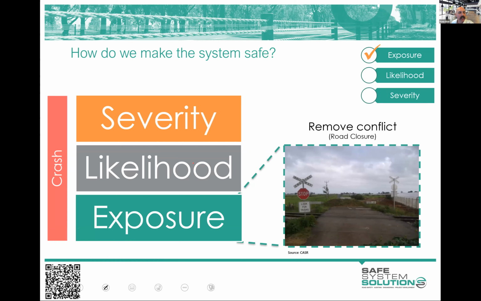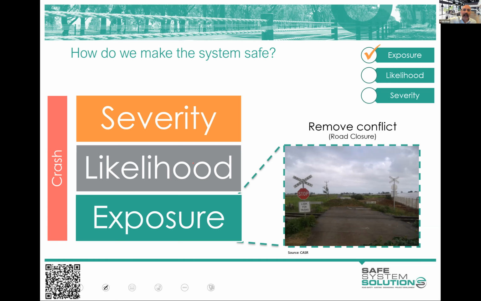It's going to be much easier when we start to quantify exposure in the Safe System Assessment Framework, because it just links back to how many vehicles, how many pedestrians, how many cyclists are going through the intersection or exposed on that length of road.